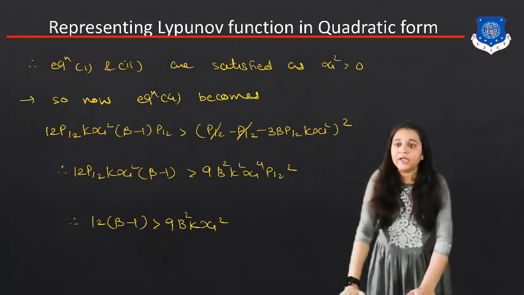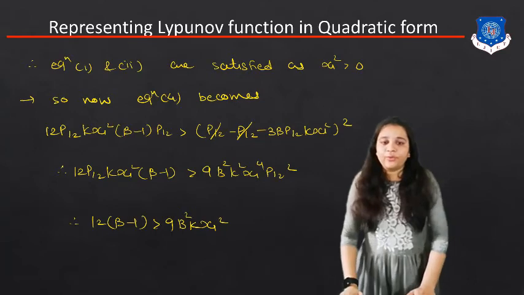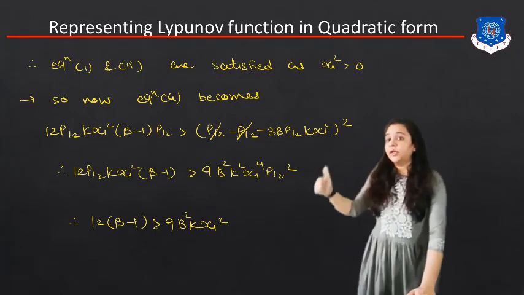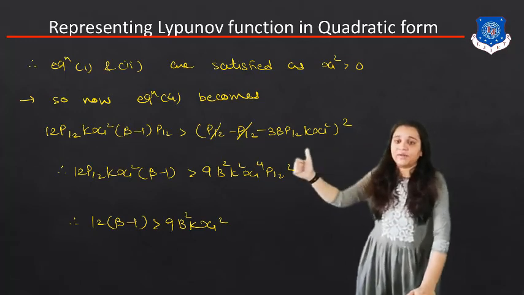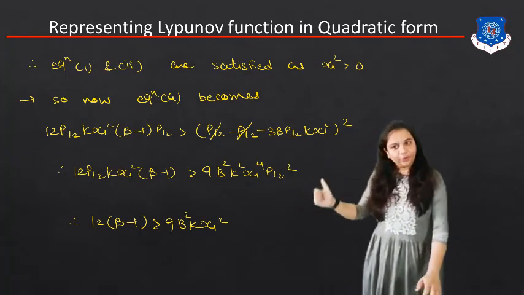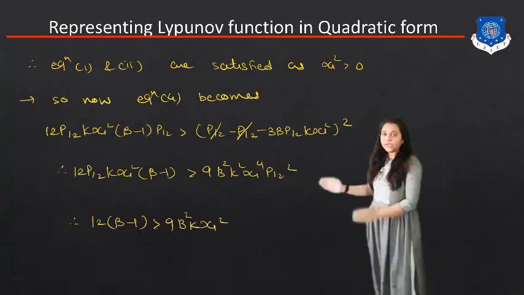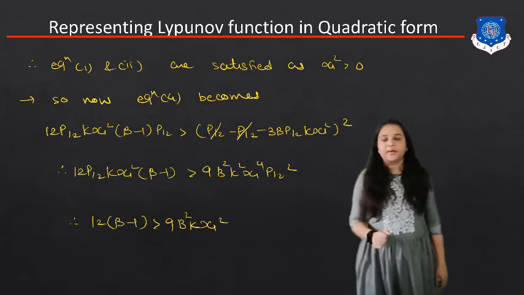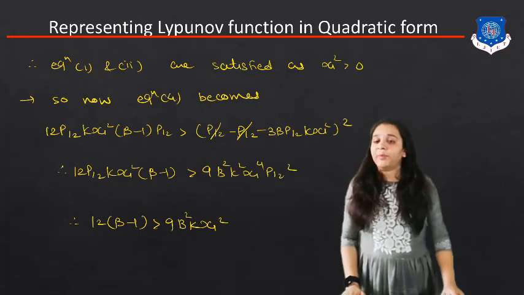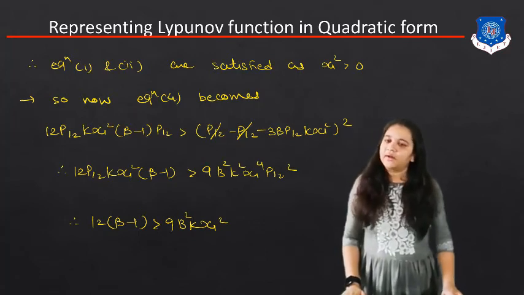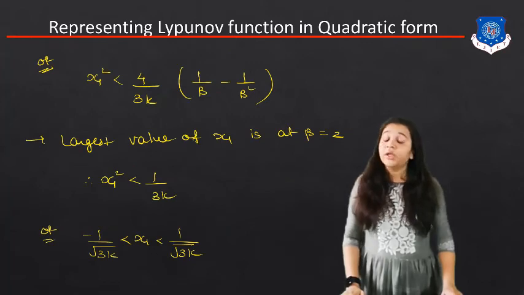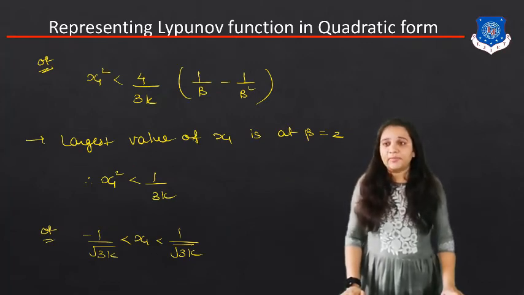We get 12 P12 k x1 square beta minus 1 greater than 9 beta square k square x1 raised to 4 P12. Cancel out the terms and we get 12 beta minus 1 greater than 9 beta square k x1 square. Clear?